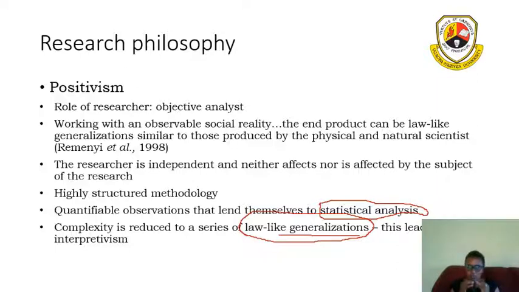You see that it really focuses on quantitative, that means large amounts of data. Because so many people come out as positive on a certain matter, that leads us to another conclusion. So that is essentially positivism.